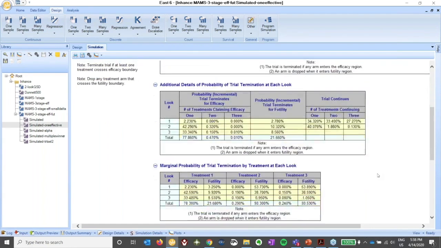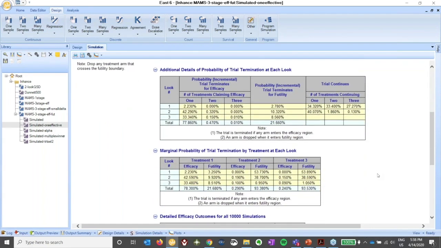You also have an opportunity to see what the marginal probability of the trial termination by the treatments in each look is, when you're looking only at treatment 1, treatment 2, and treatment 3, as well as what is the chance of stopping early due to one treatment alone at the first look, or to stop at looks 1 or 2 due to one treatment alone and due to any of the other treatments.